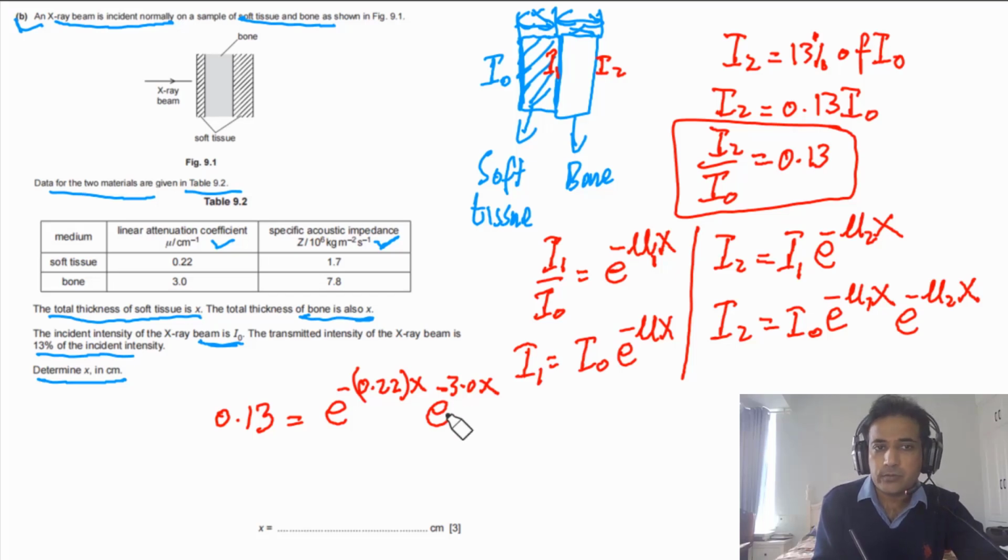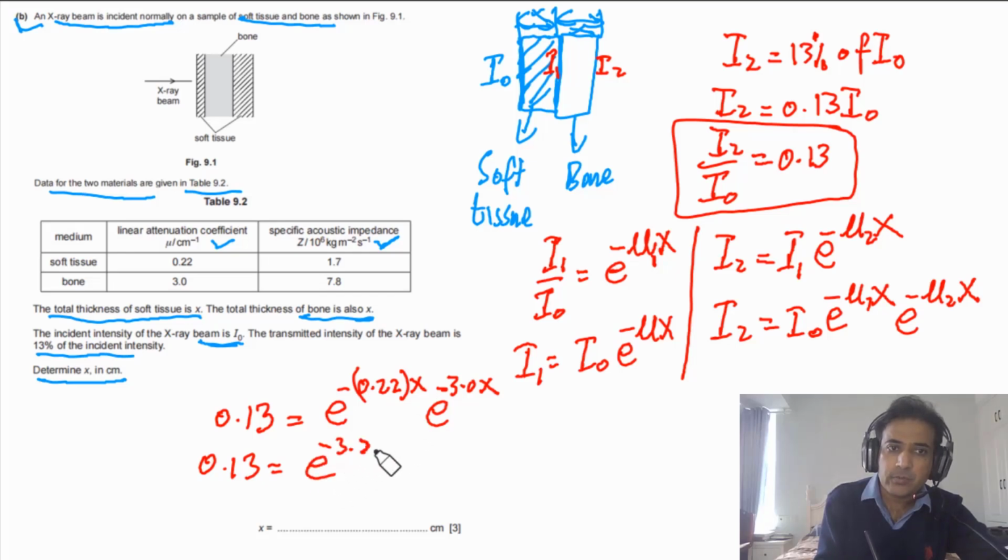So we need to find out the value of x from here. Simply, this is 0.13 equal to e to the power. We can combine these two and we will get 3.22 x. Now if we take ln on both sides, we have ln of 0.13 equal to ln of e to the power of minus 3.22 x.